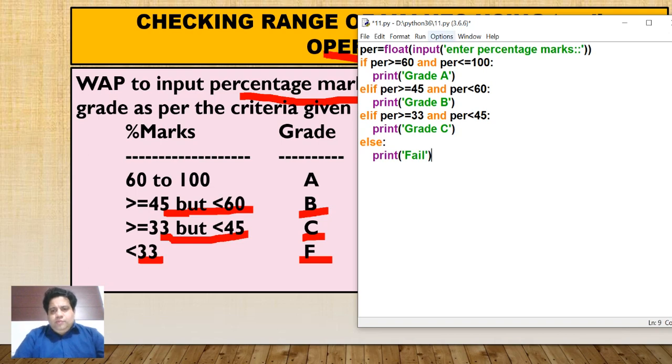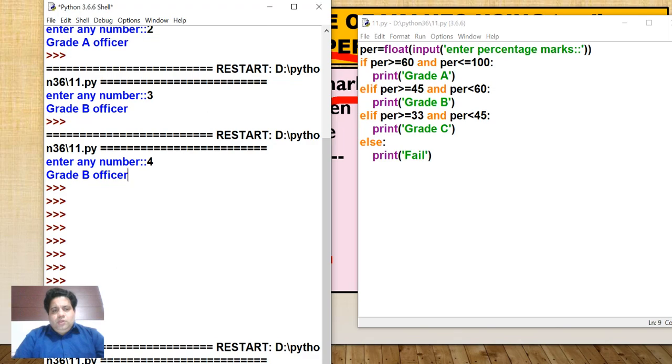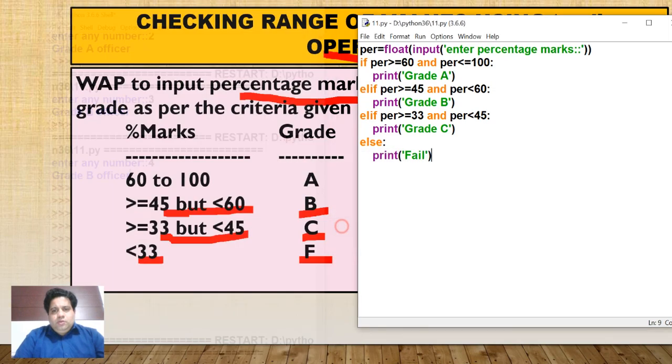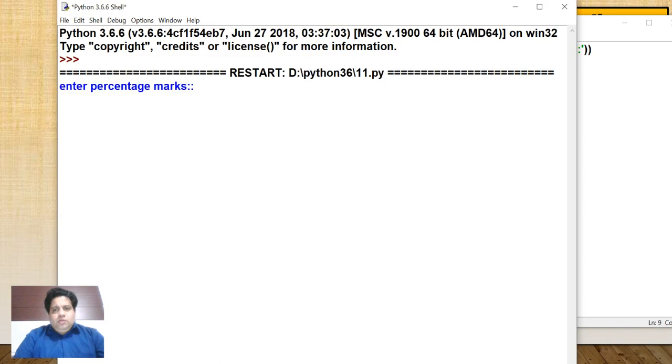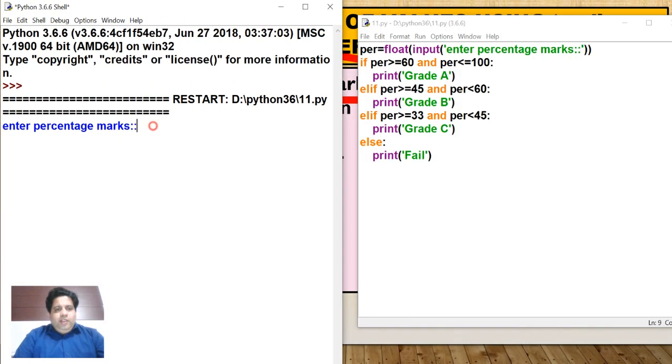Now run the program. This is the output window. Enter percentage marks 56.7. What will it print? First of all it will check whether 56.7 is between 60 and 100. False. Now it will jump onto the first elif. Is 56.7 between 45 and 60?